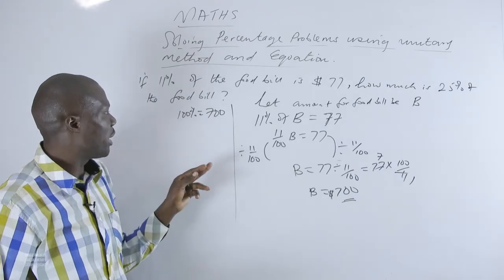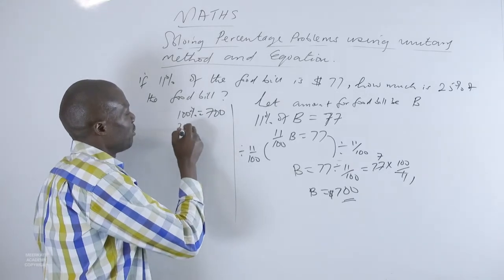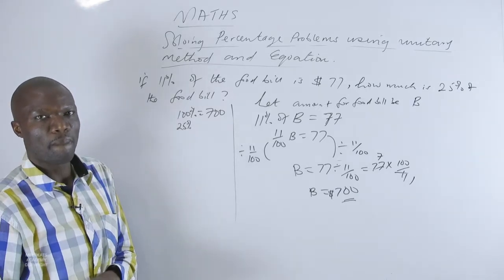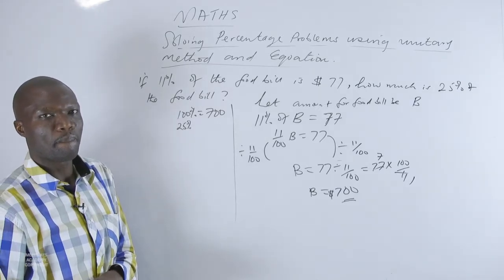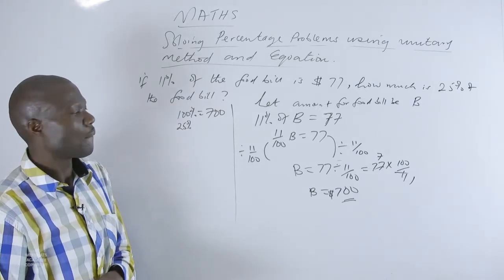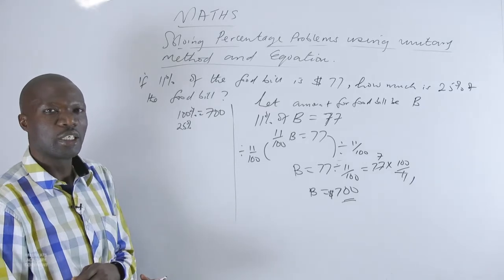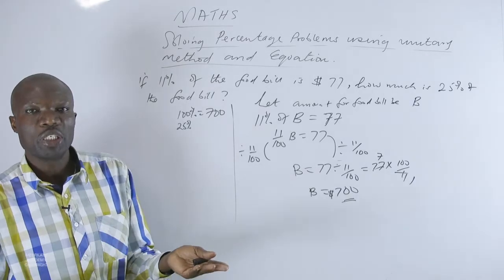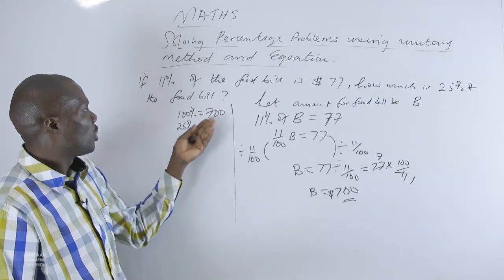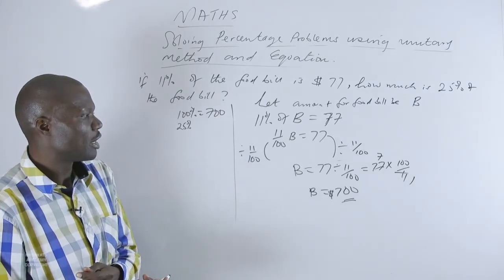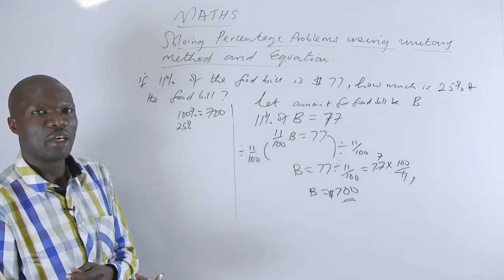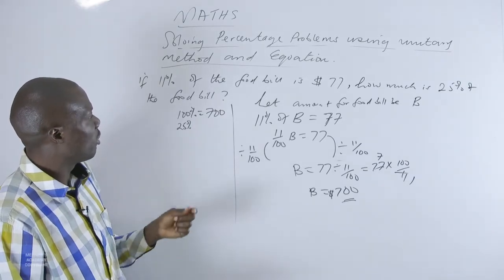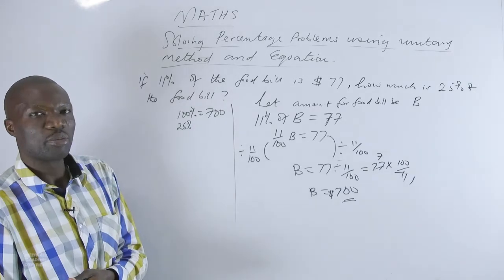So we shall divide 25 is how much? So this case is easier because the whole amount was B, so 700 is equivalent to what? When we talk about 700, that is the whole amount. 700 is equivalent to B.